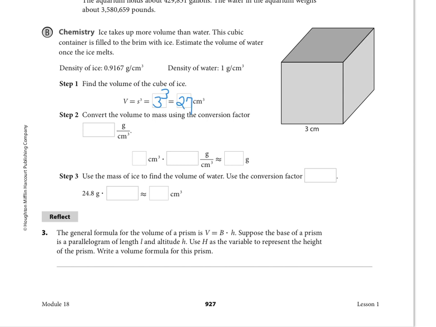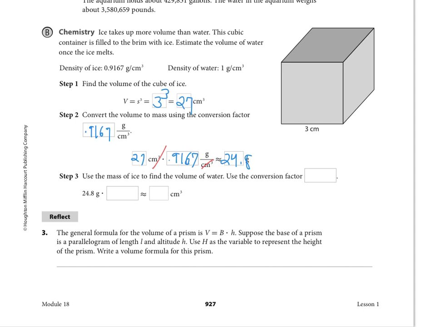Then, we're going to convert that to mass using first off our density of ice. Our density of ice is 0.9167 grams per cubic centimeter. I already have my answer in cubic centimeters, so I'm just going to multiply 27 cubic centimeters times 0.9167, and notice my centimeters cubed is going to cancel out with the units in the denominator, and I should have approximately 24.8 grams.